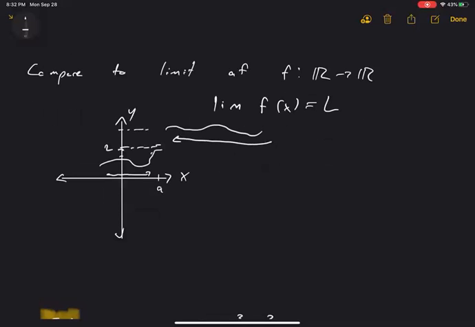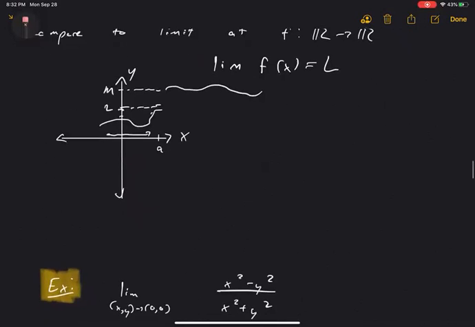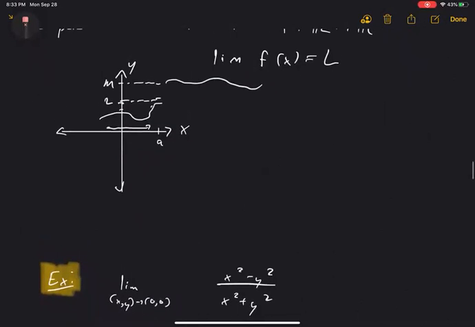It would be that value, M. So the limits don't agree from different directions. So I have these two different limits coming from different directions. Since this L is not equal to this M, then the limit doesn't exist.